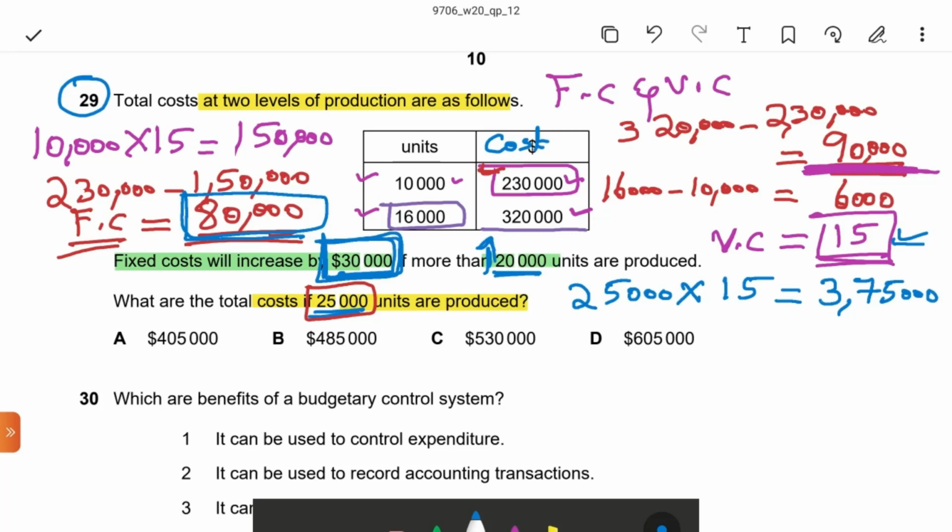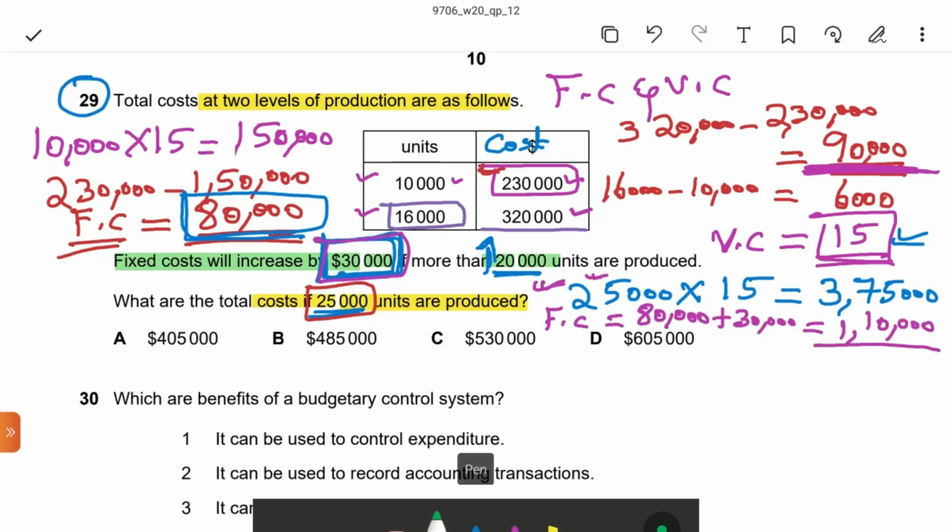Here we have 25,000 units. So our fixed cost is 80,000 plus 30,000, because our units are more than 20,000, which is 110,000.